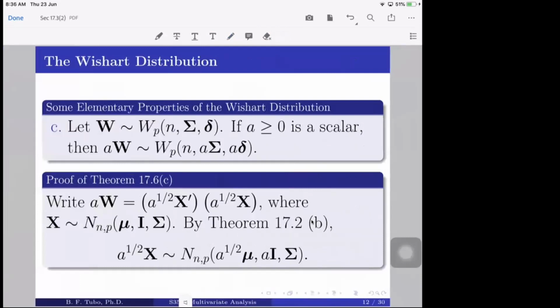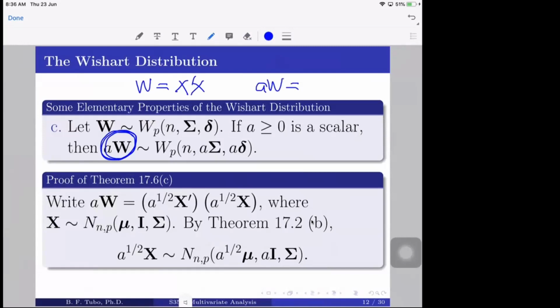So take note that our concerned random variable is AW. Take note that we obtain W as x prime x. So we have to think of a function of x such that the result is AW. So that function now will be something like this. So it will be A raised to the 1/2 x prime.